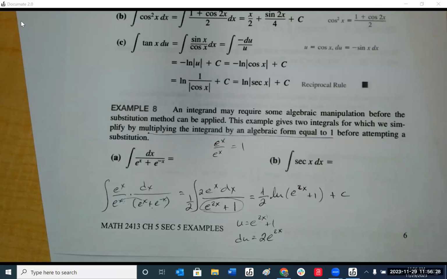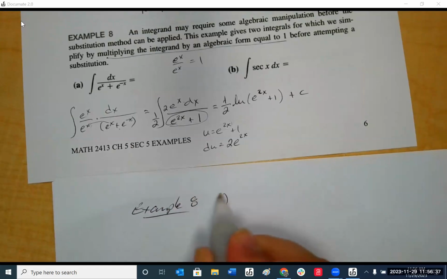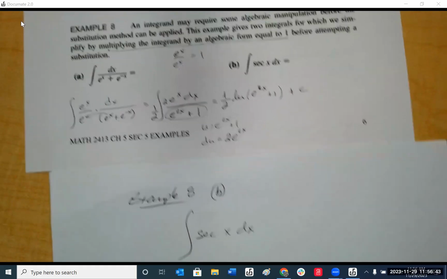All right, so what's the next one going to be? This is example 8b. So we have the integral of secant x dx.